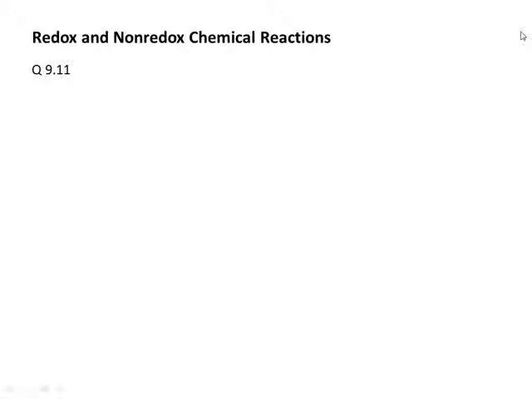It helps to remember that a reduction process involves gain of electrons, when electrons are gained or added on, and an oxidation process, I can't spell today, is when electrons are lost in a process. So that substance, whichever one loses electrons, is said to be oxidized.